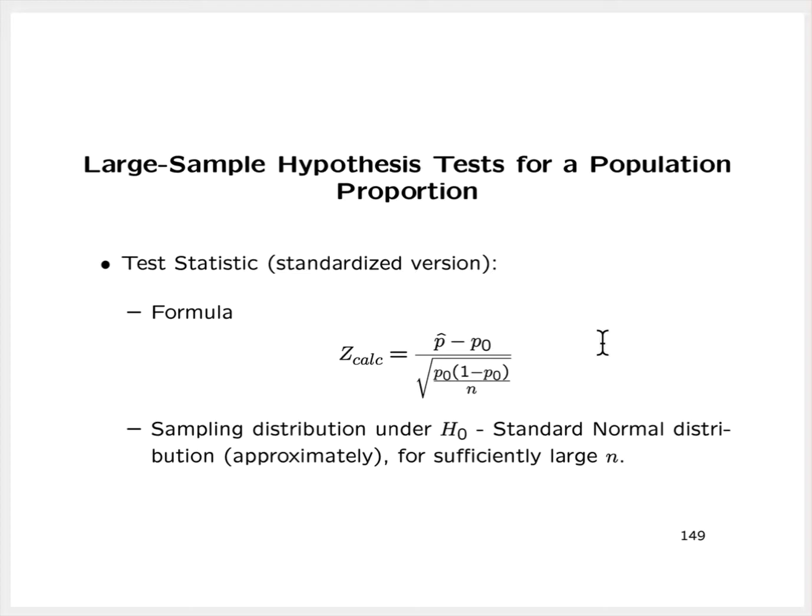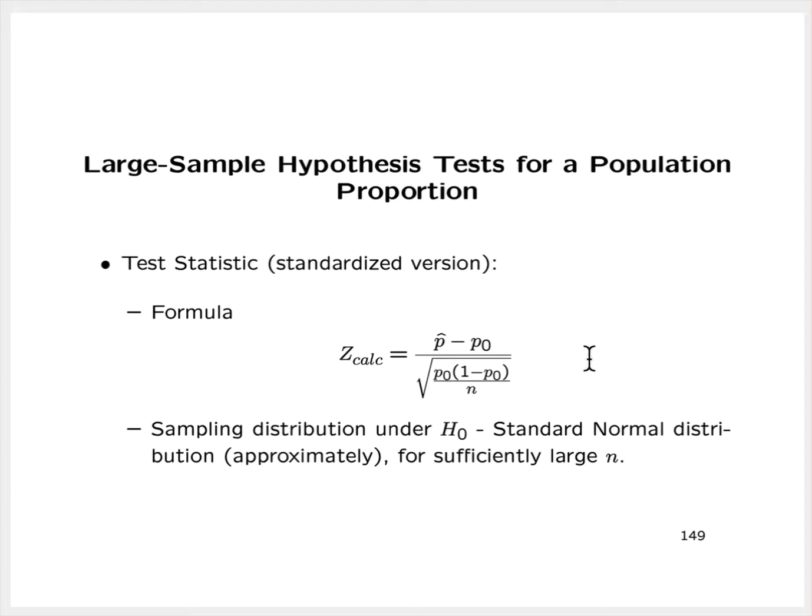Although we use the unstandardized version, p hat, in coming up with intuitive approaches to testing, and from there a rigorous way to come up with critical points, once we have those, we would typically standardize everything so that calculation of the critical points is easier.